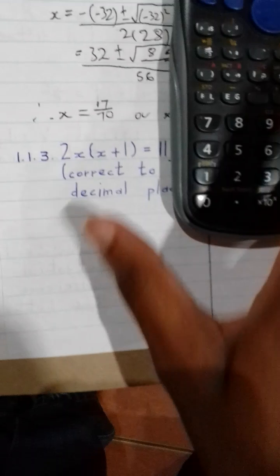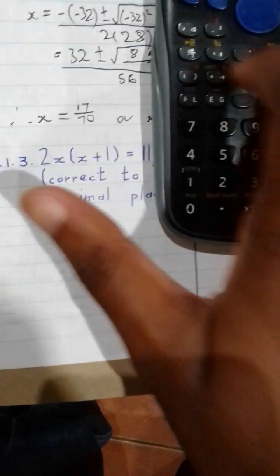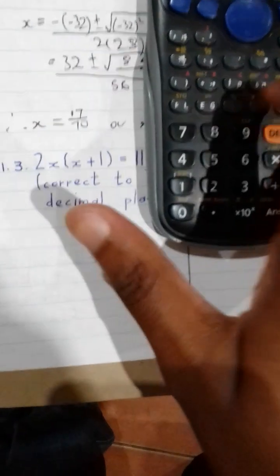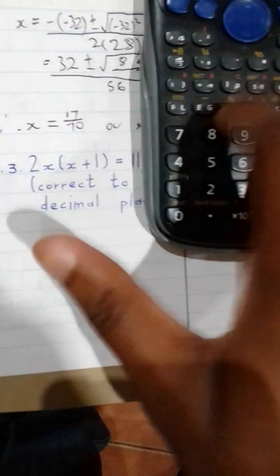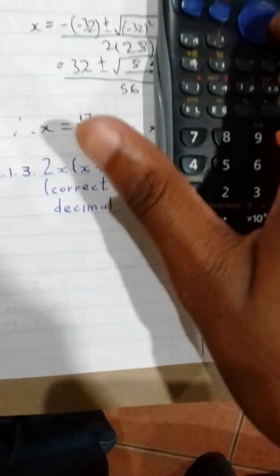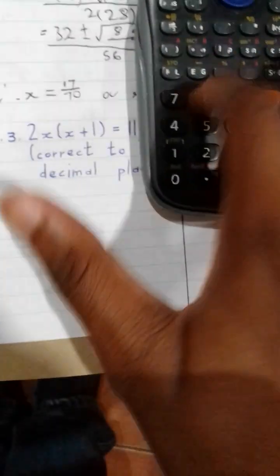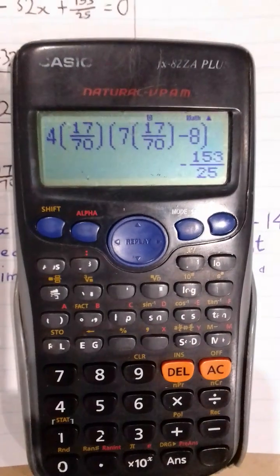Let us see for 17 over 70. Substituting into the equation, we get negative 153 over 25 when we use 17 over 70.